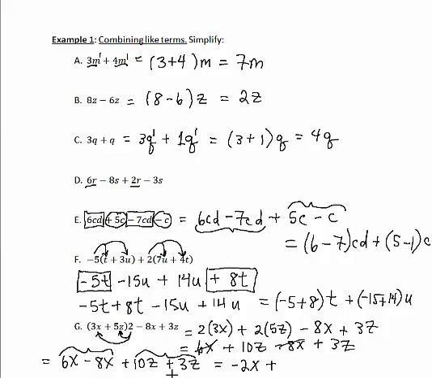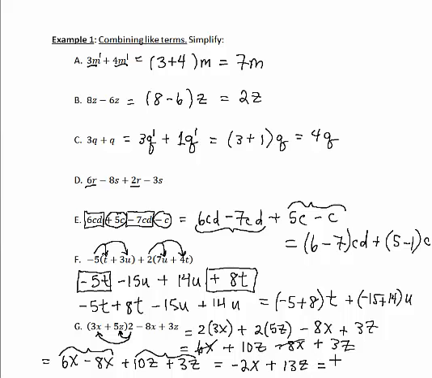Then we have a 10z plus a 3z. 10 plus 3 is 13. And we combine z terms, and so we simply write a z beside the 13. And we end up with two terms, and this is as far as we can go. We cannot combine this x term with the z term.